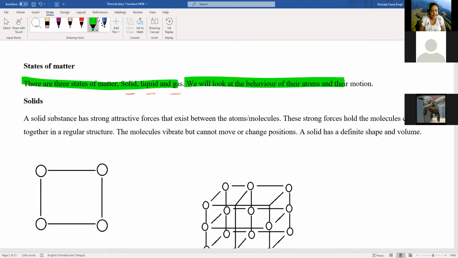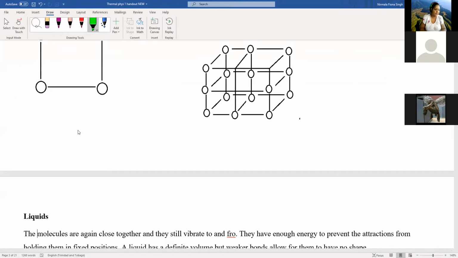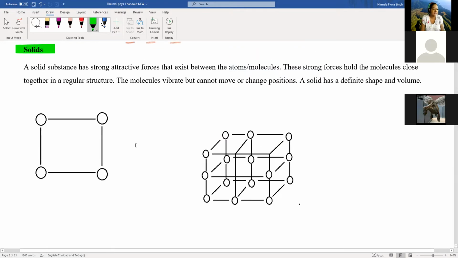We will look at the behavior of the atoms in our states of matter. So we have solids. A solid substance has strong attractive forces that exist between the atoms and molecules. These forces hold the molecules close together in a regular structure.